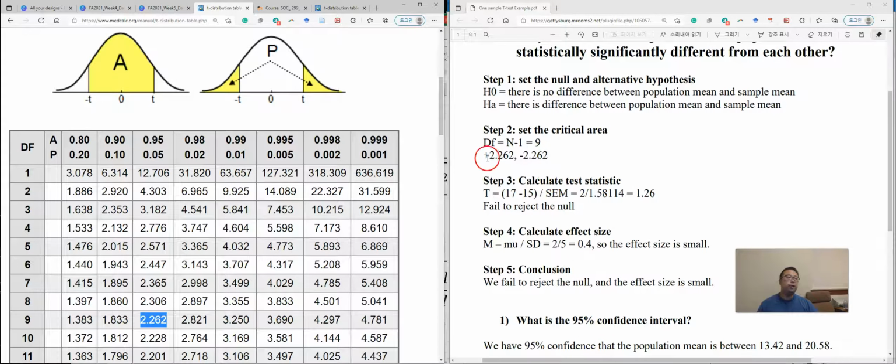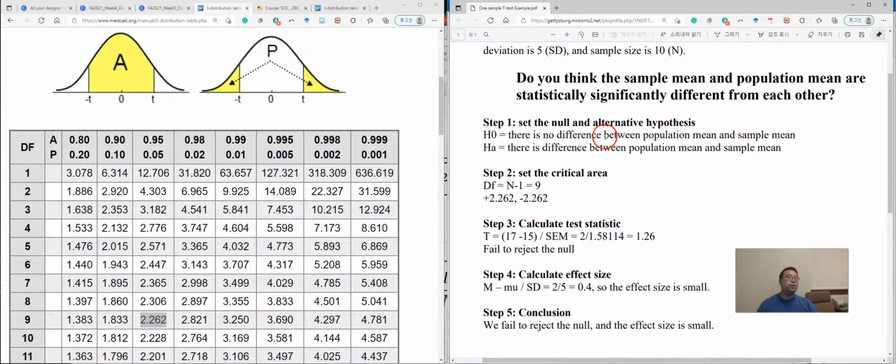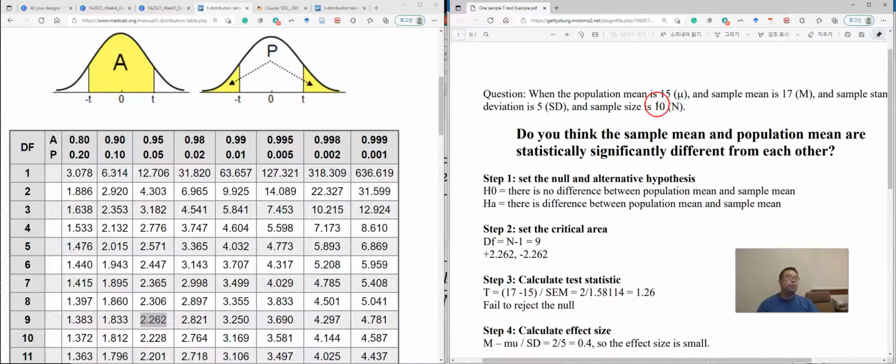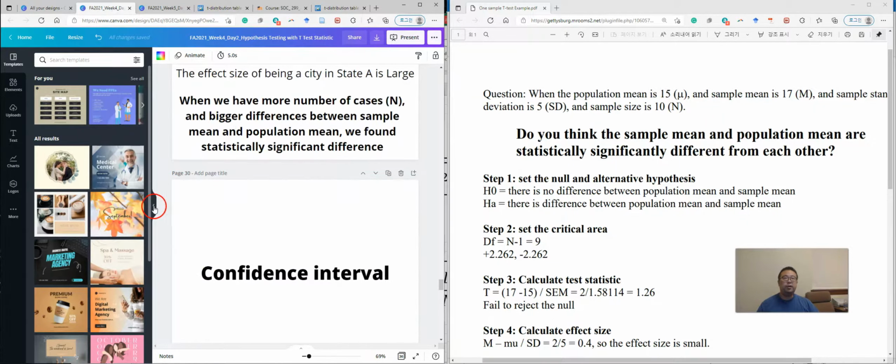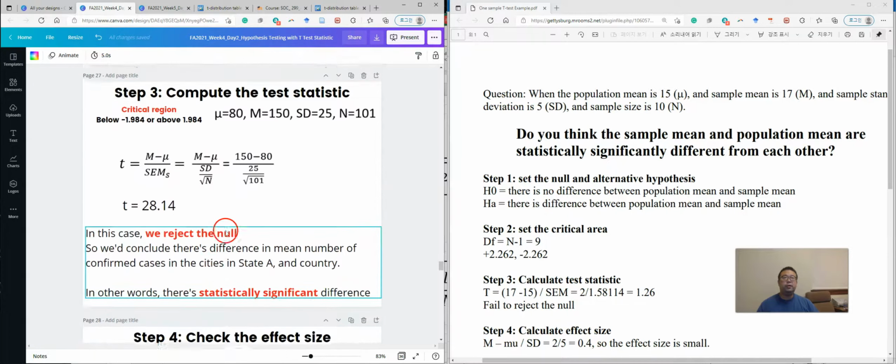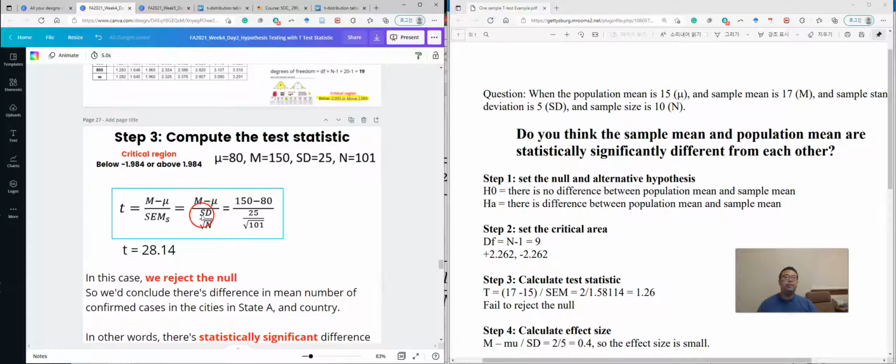When we draw the t-critical area on this curve, negative 2.262 and positive 2.262 are the t-critical values we can use. The t is the sample mean, which is 17 here, minus the population mean, 15. Let me show you the equation here. t equals x-bar minus mu, divided by the sample standard deviation divided by the square root of the number of cases.